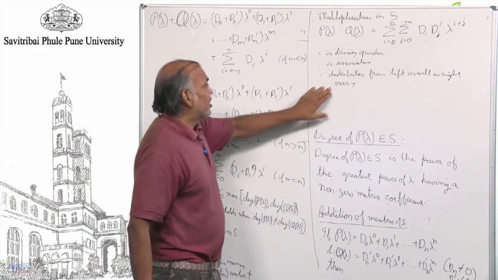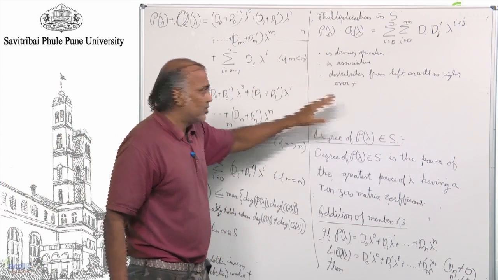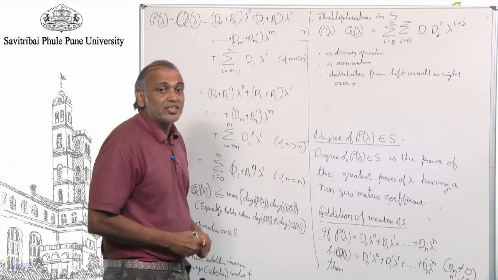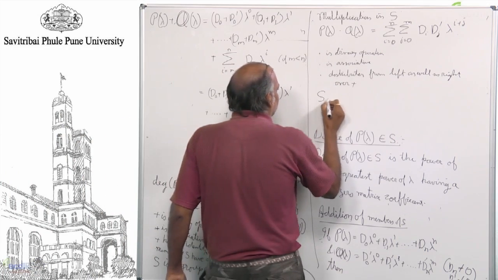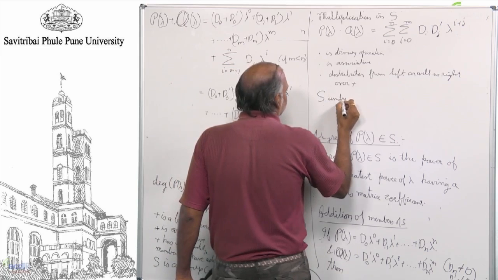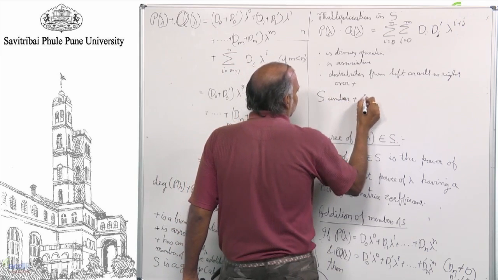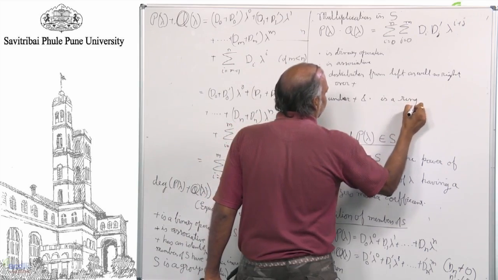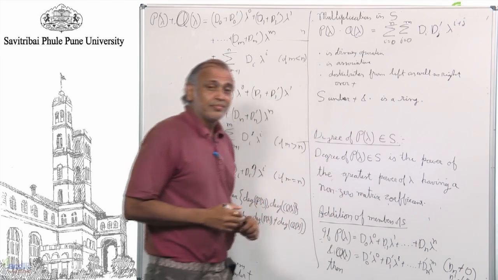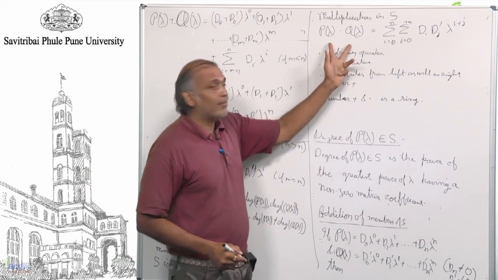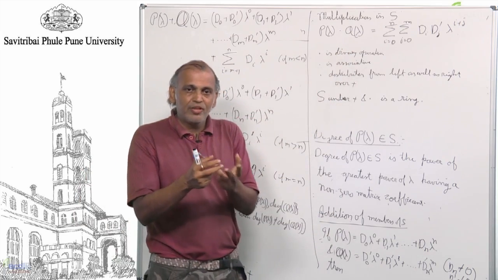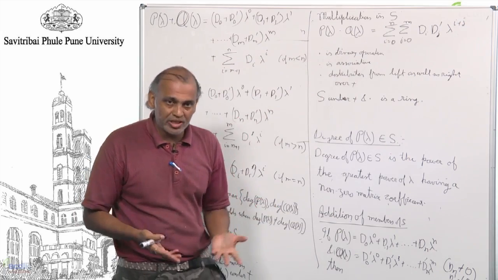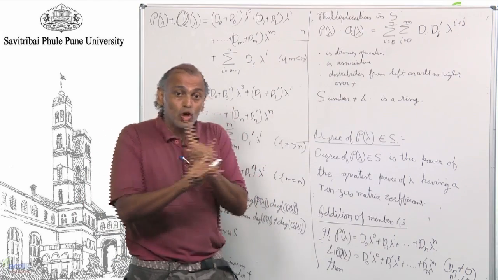So this way, we can show that S under plus and dot turns out to be what is known as a ring. In fact, if P of lambda Q of lambda is the same as Q of lambda P of lambda for all P, Q belonging to S, if it happened that way, then we say the ring is commutative. But this ring is not commutative.